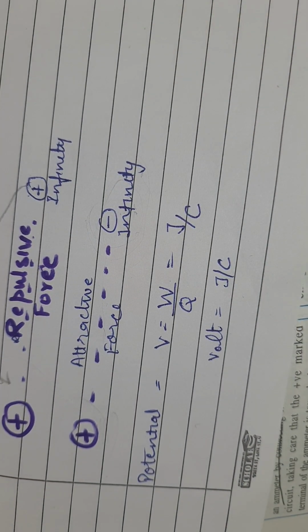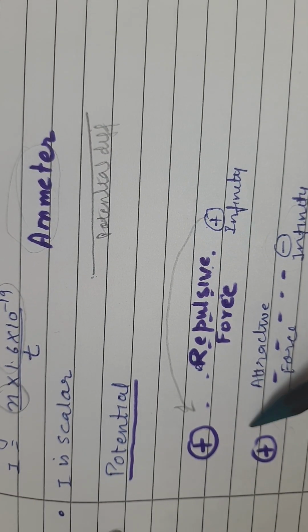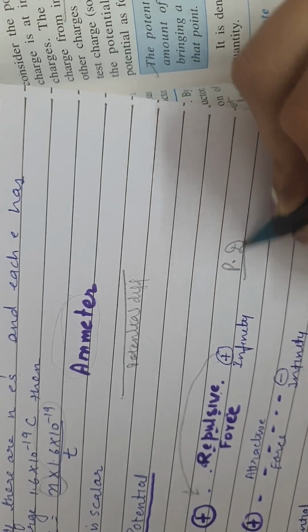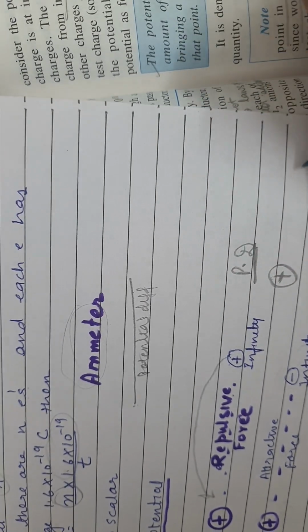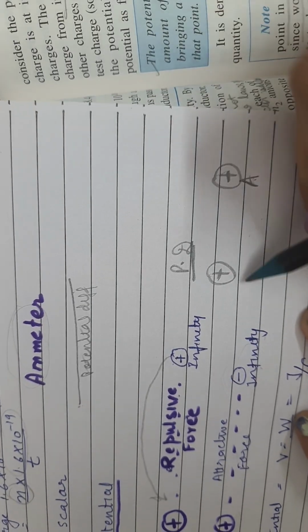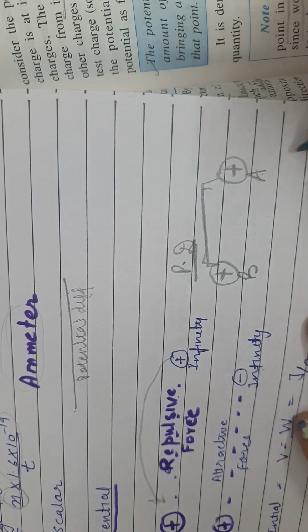Now just a small difference between potential and potential difference. When we say potential, I was bringing a charge from infinity to a particular point. When I say potential difference, I am moving a positive charge from a particular point A to a particular point B. It means I know from where the charges would be going.